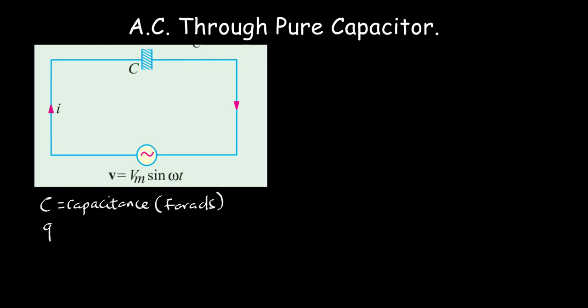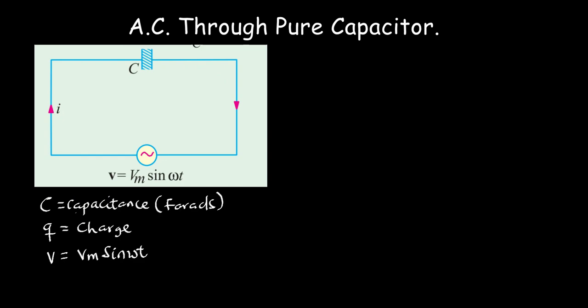This charge is represented with Q, the charge across the capacitor. The voltage from the source is given as V equals Vm sine omega t.